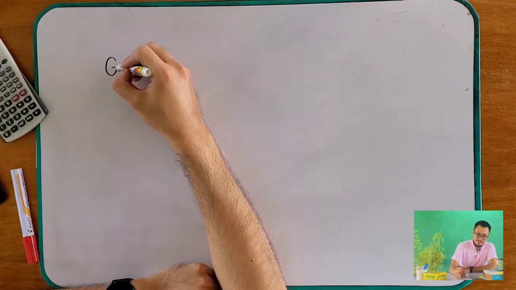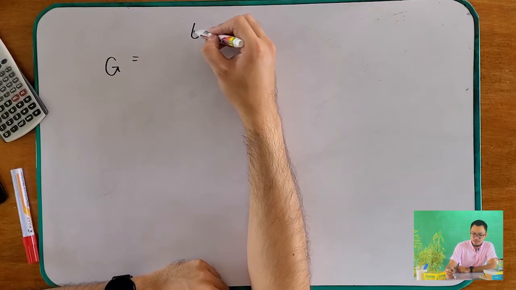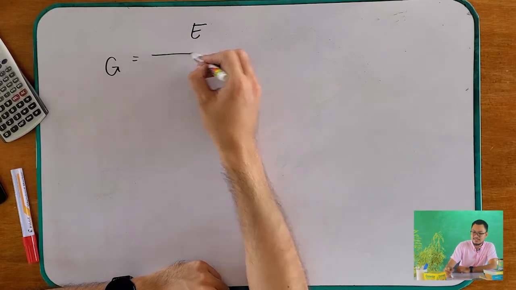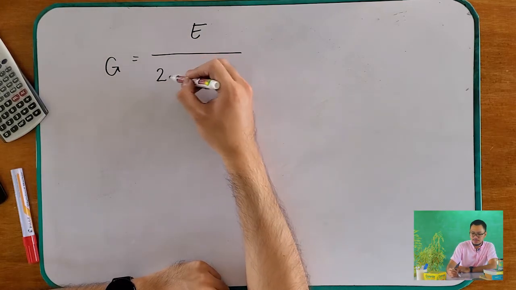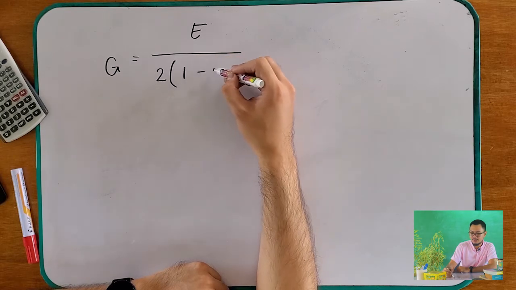Okay? Let's go to how your modulus of elasticity, modulus of rigidity, and Poisson's ratio are related to each other. They are related by this equation: G is equal to the modulus of elasticity divided by 2 times (1 plus Poisson's ratio).